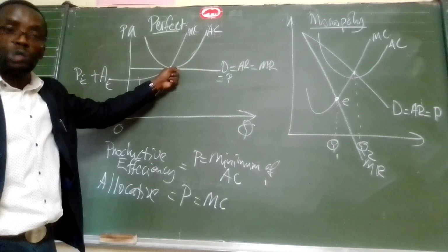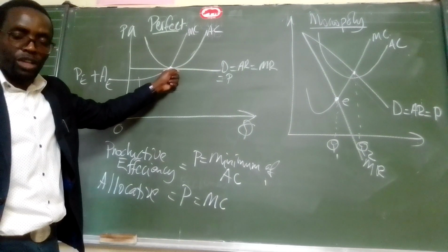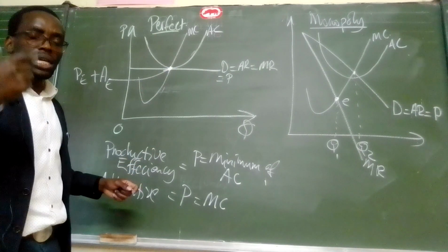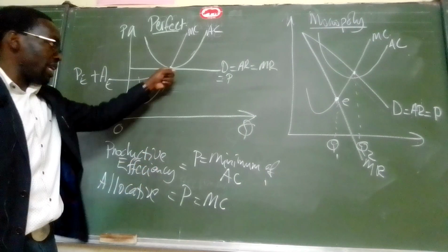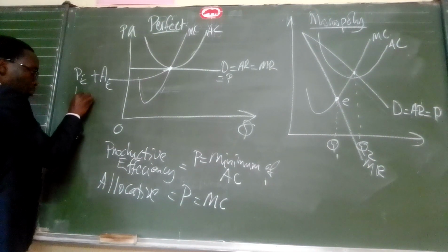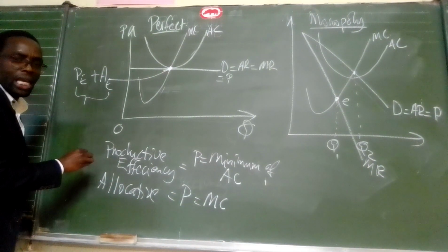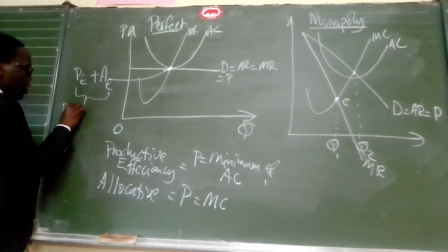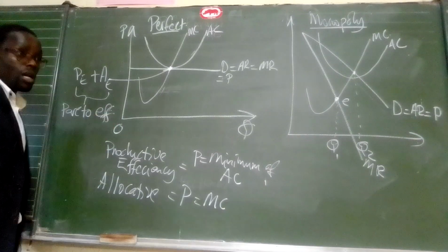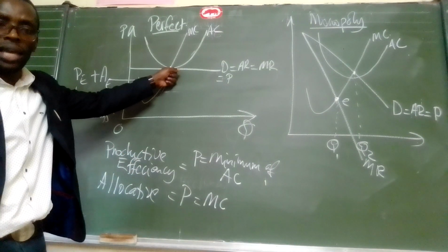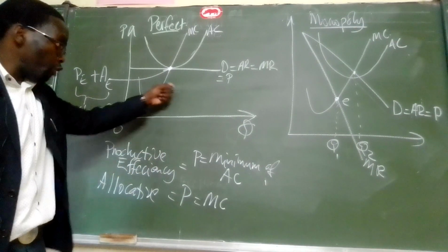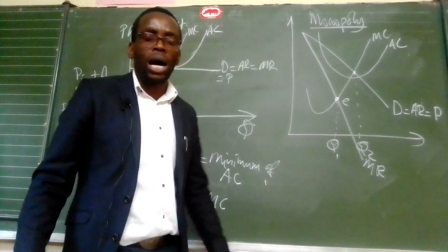And as such, at this point, the perfect market firm is able to achieve both productive efficiency as well as allocative efficiency. And at that point, you would now agree with me that it is now possible for a perfect market firm to achieve what is called Pareto efficiency. It is possible because that's the point at which we have both productive efficiency and allocative efficiency, okay, for a perfect market. But let's look at our monopoly.